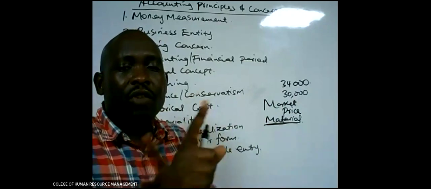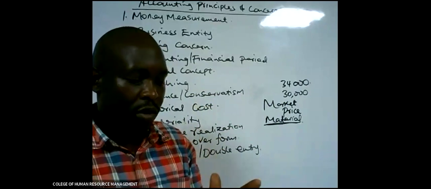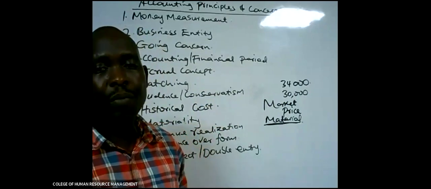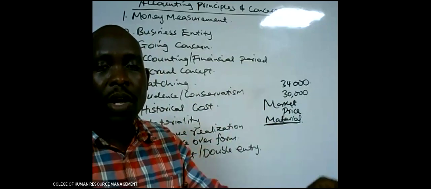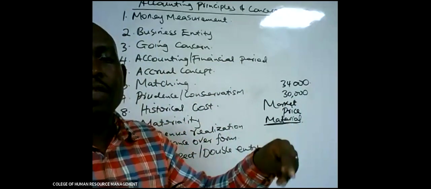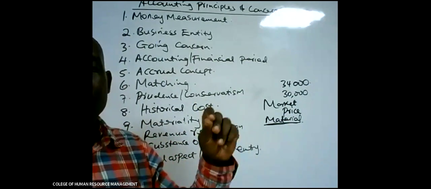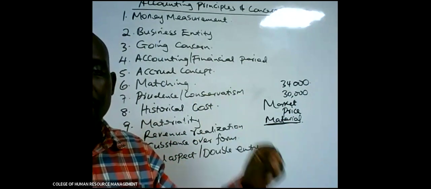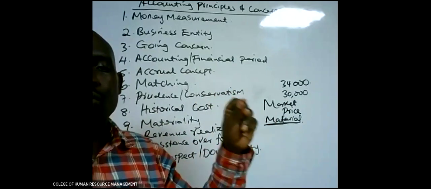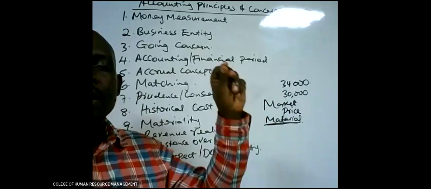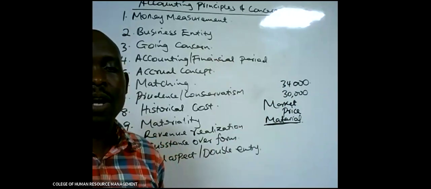So any transaction that can affect the decision to be made by the user of that accounting information is considered to be material, and it must be included in the books of accounts.